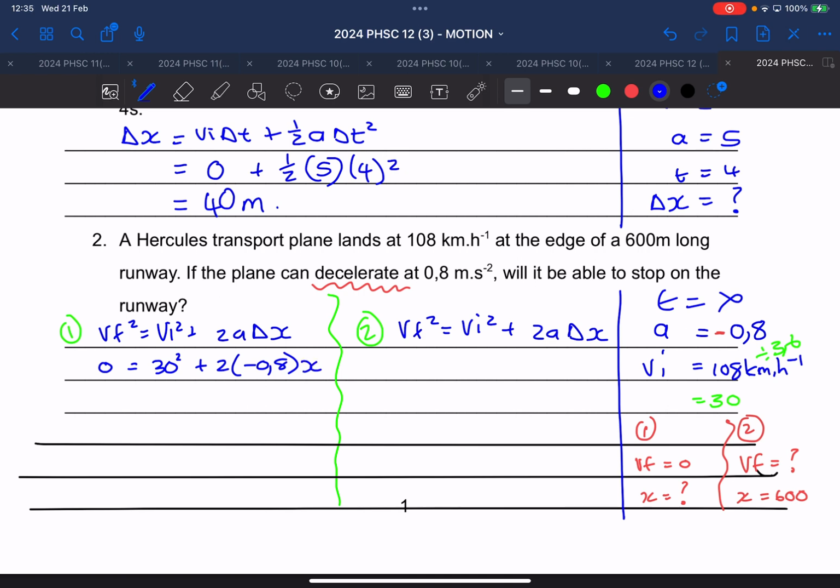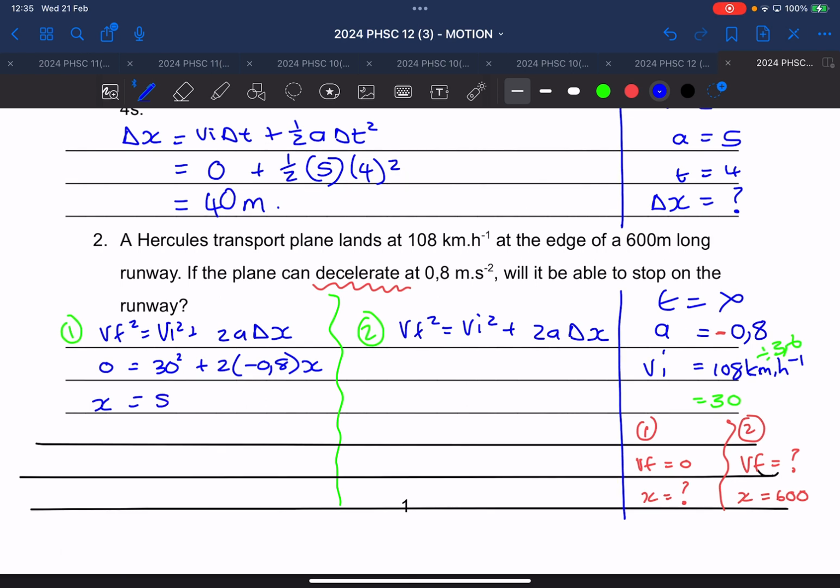What distance did it take? X is 62.5 meters.